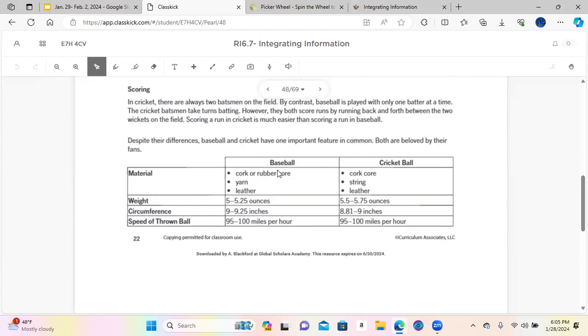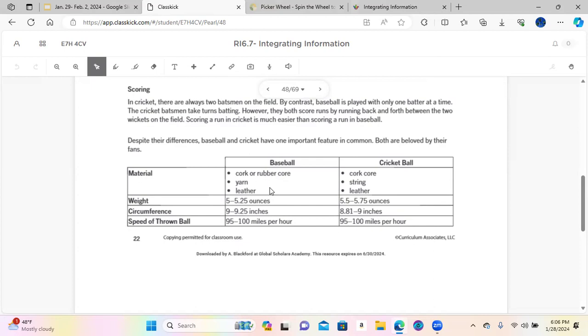All right, so we're going to compare the baseball to the cricket ball. The material for the baseball: cork or rubber core, yarn or leather, and for the cricket ball, cork core, string or leather. The weight for the baseball is 5 to 5.25 ounces. The cricket ball is 5.5 to 5.75 ounces.